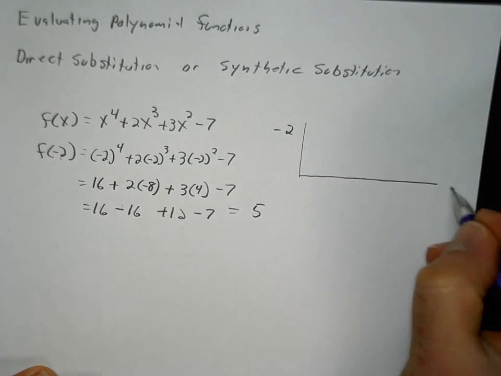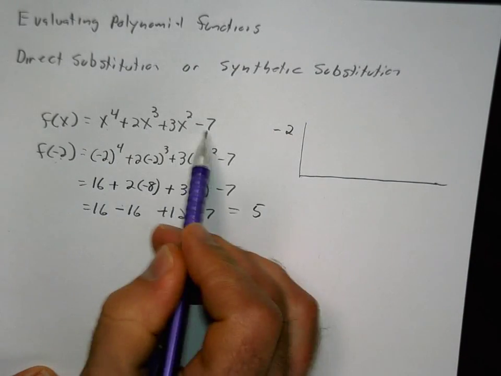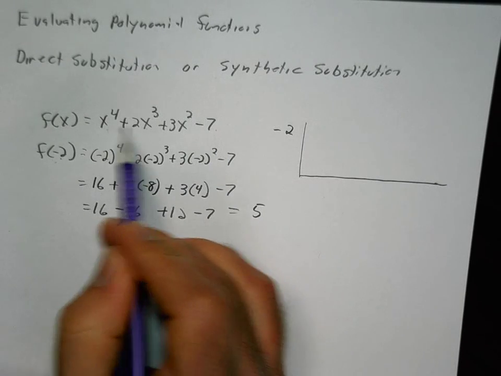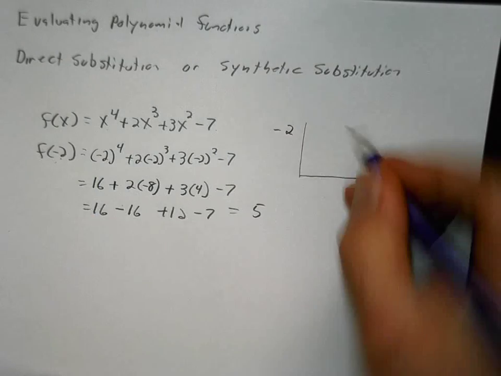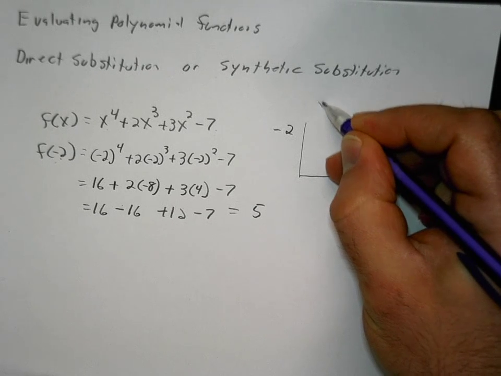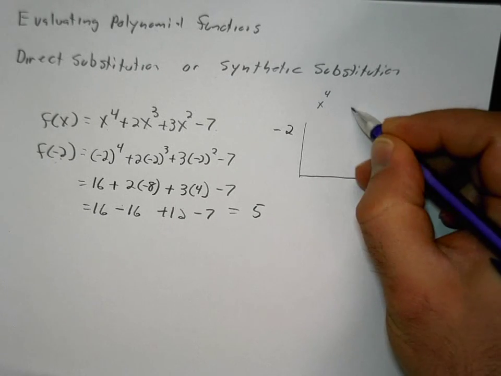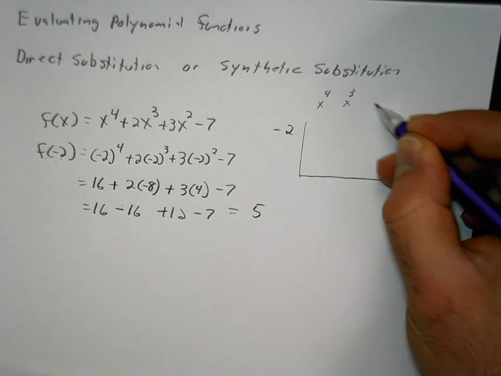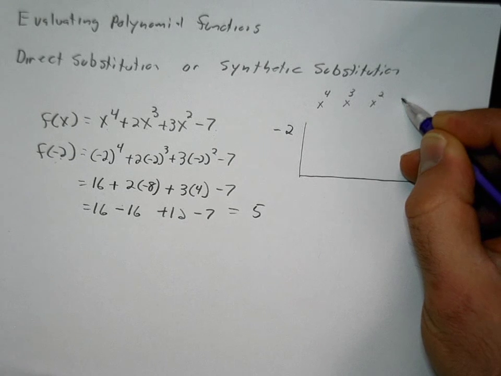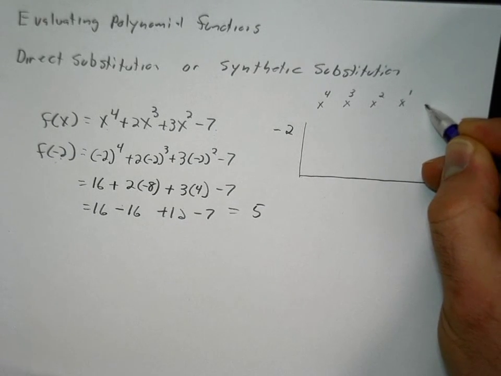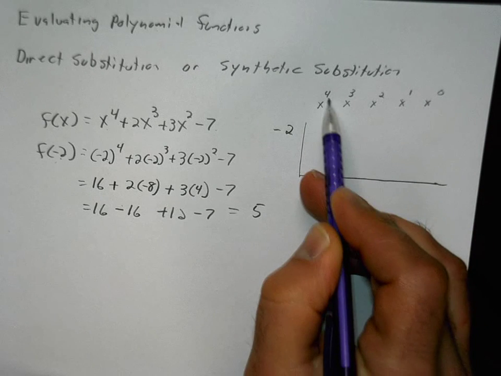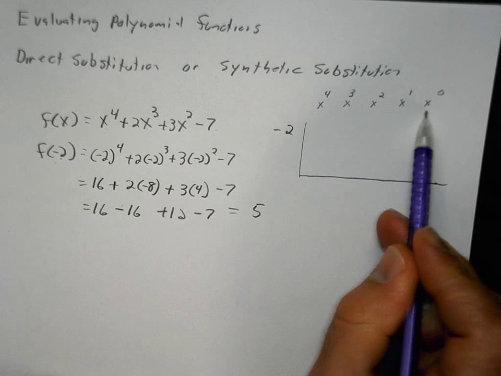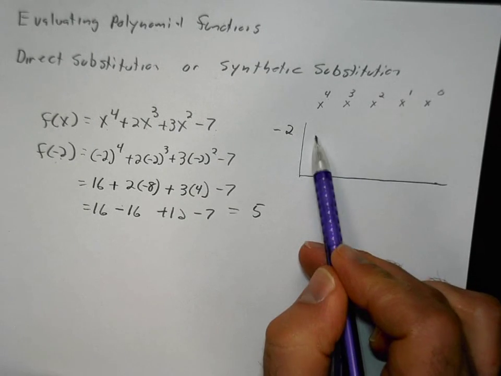And now we make sure we're in proper order from biggest exponent down to constant term. x to the 4 is my biggest exponent, so I'm going to put an x to the 4 here. And then I'm going to drop down 1 power and go from 4, 3, 2, 1 to 0. And then I'm going to put the coefficient of each of these variables here.